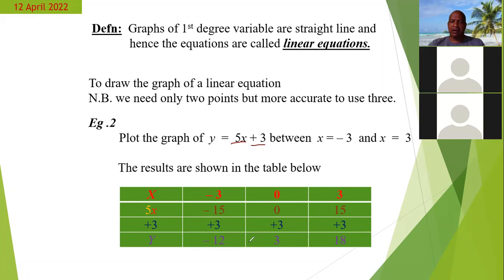Now to get our y values, we add the columns between the x row and the y row. We just add those values in the columns. So for the first column with the -3, we add -15 and +3. So -15 plus 3.